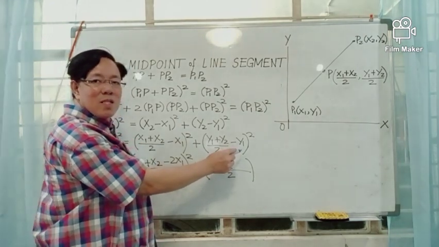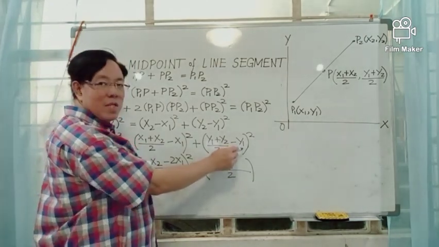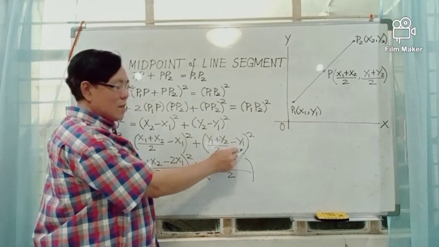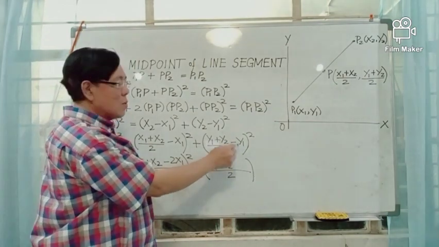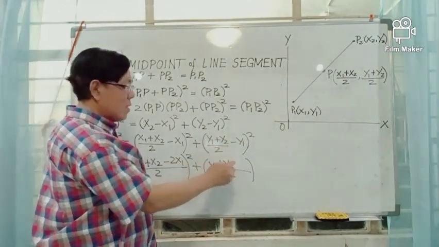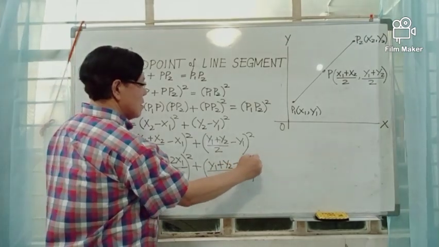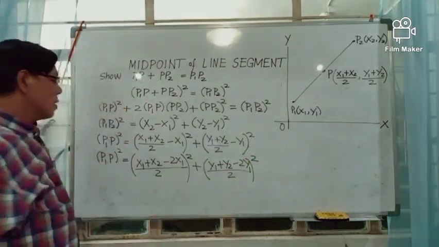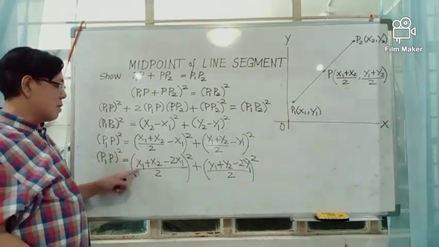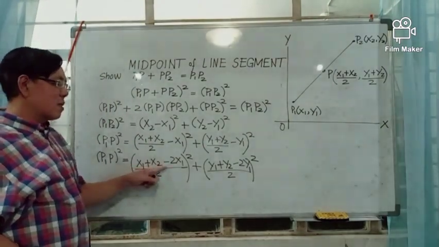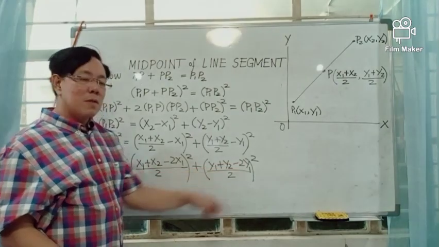Denominator of y1 is 1, 2 divided by 1 is 2, multiplied by negative y1, minus 2y1, squared. We simplify further by combining like terms in the numerators.